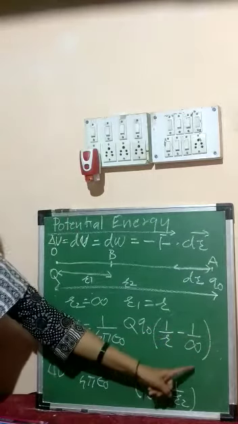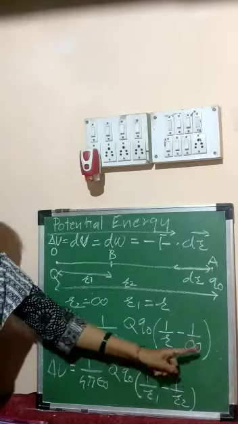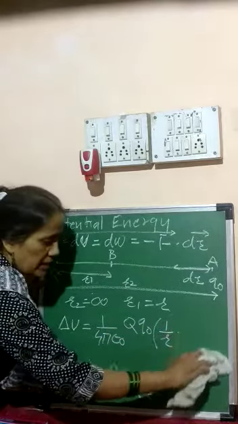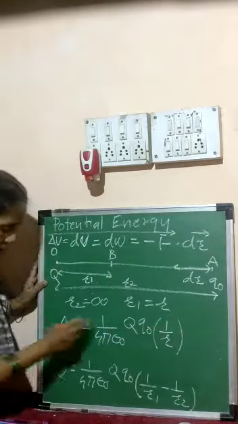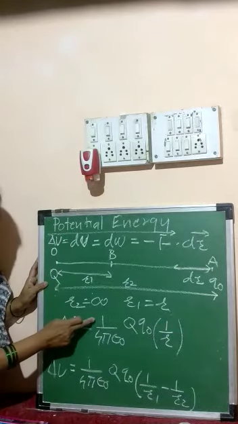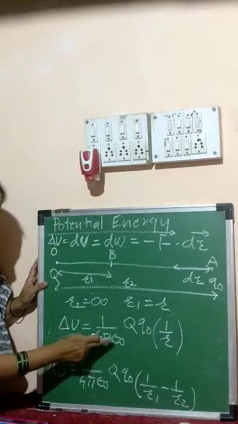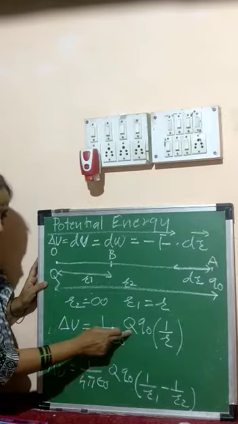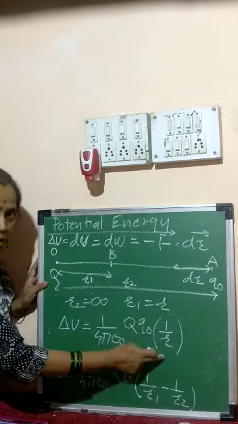But 1 upon infinity is nothing but 0. So this term gets cancelled, and the change in potential energy is 1 upon 4 pi epsilon naught Q Q0 into 1 upon R.